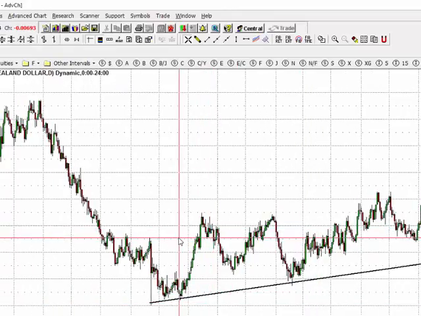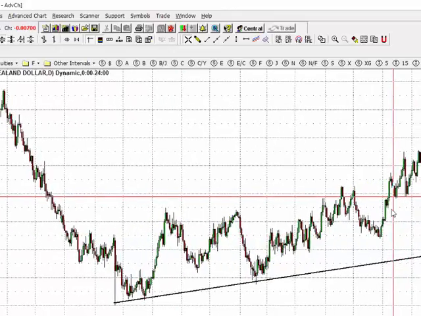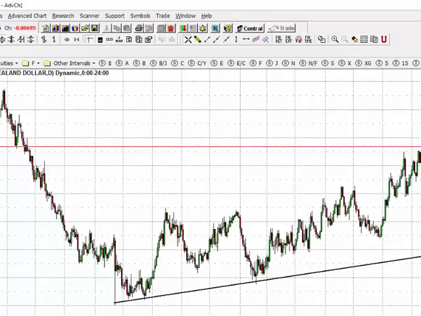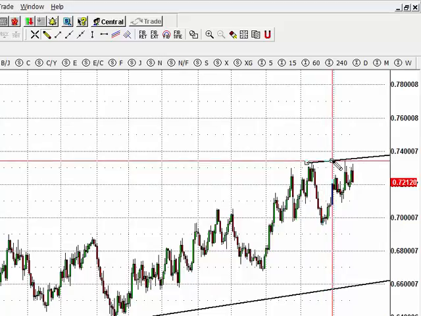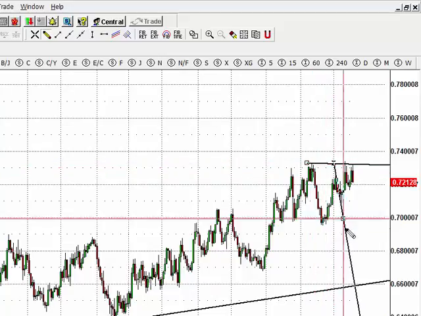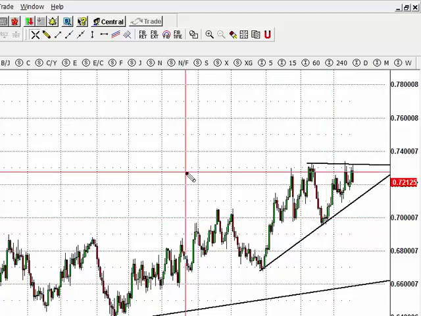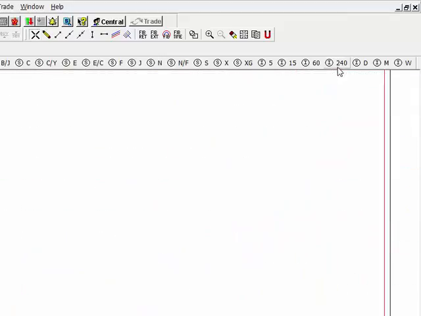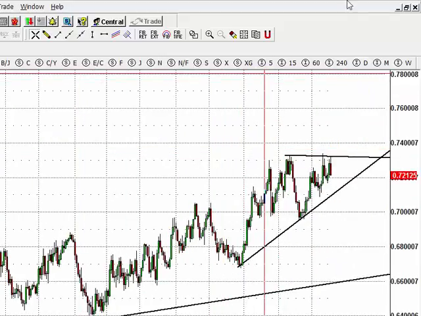As you can see, the market bottomed out, and we have had a series of higher highs and higher lows in the New Zealand dollar versus the US dollar. This could all turn around very soon because we're seeing some consolidation up here with the Kiwi. This could be a double top, or it could be another triangle where the market will consolidate before moving to the upside.